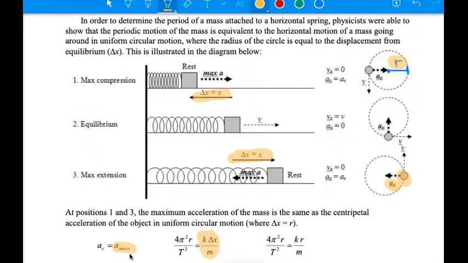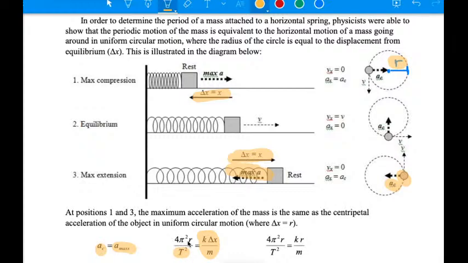This was from last class. The acceleration of our mass is equal to the stiffness of the spring, the k, times its amplitude or its displacement from equilibrium divided by the mass of the object. And since the centripetal acceleration is equal to that maximum acceleration of the object on the spring, we can put down what we know about centripetal acceleration in uniform circular motion in terms of period.